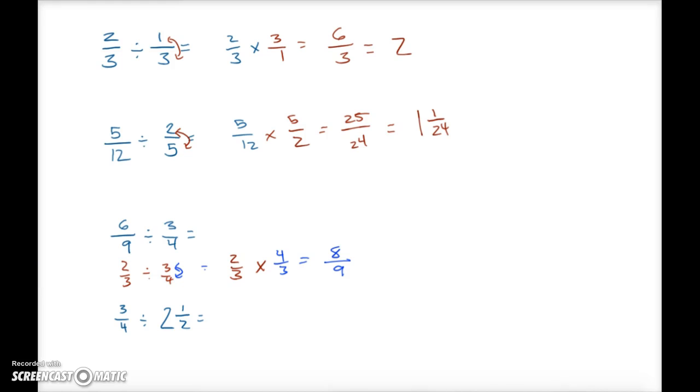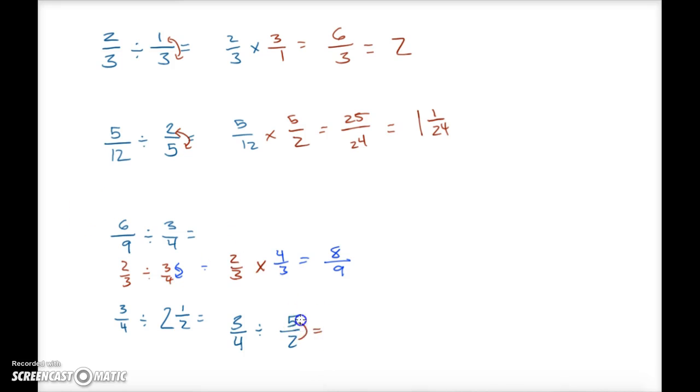Alright, so let's take a look at 3/4 divided by 2 1/2. Well, I'm going to keep my 3/4, so let's say 3/4. I'm going to keep that, and I'm going to convert this first into an improper fraction. So I have 2 times 2 is 4, plus 1 is 5, and that's 5 over 2. Okay, now I'm going to just treat this like my other ones.